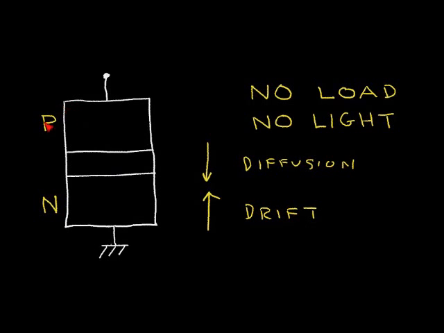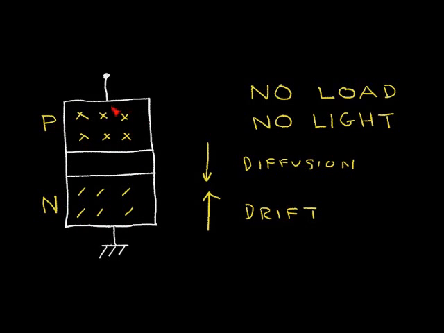Now recall that this P material has extra holes that I'll show by these X's. And recall that the N material has extra electrons, and those I'll show by these diagonal lines.